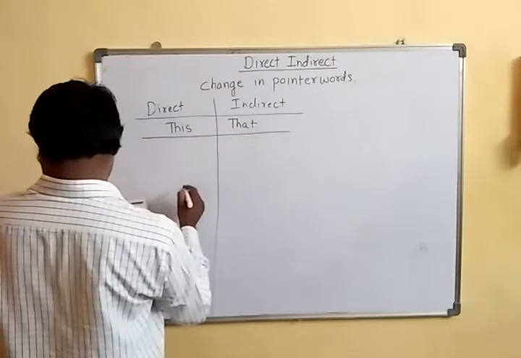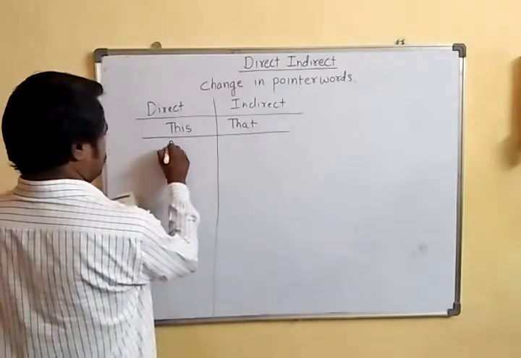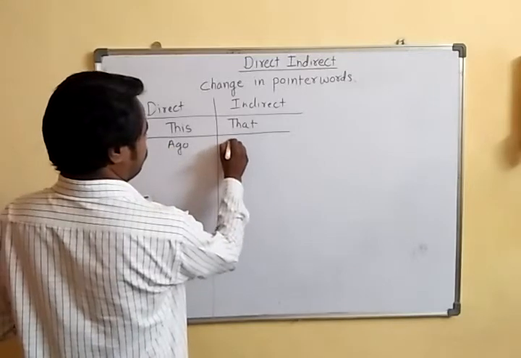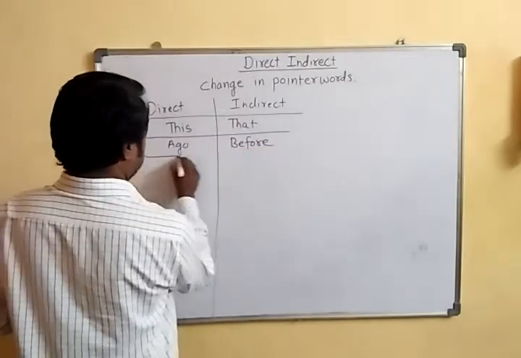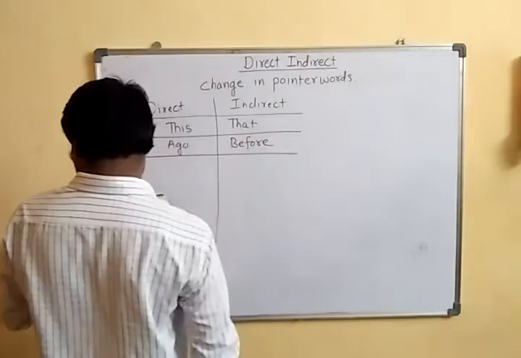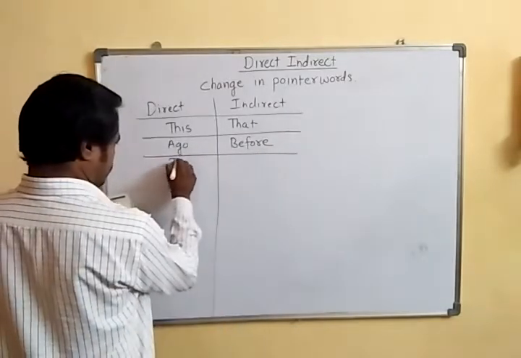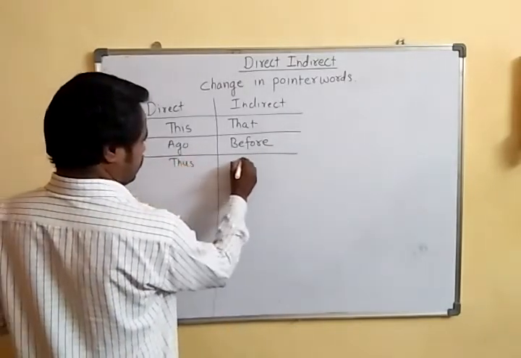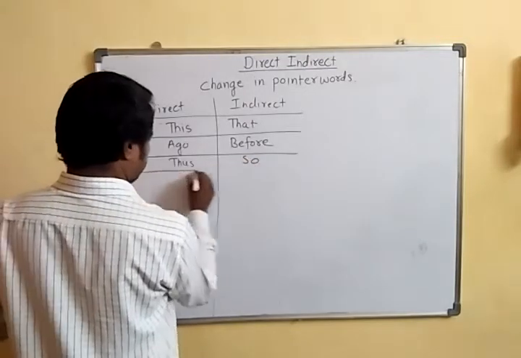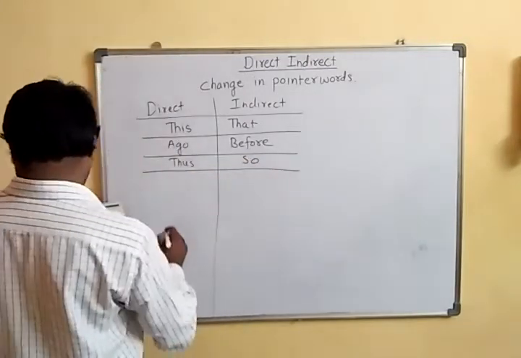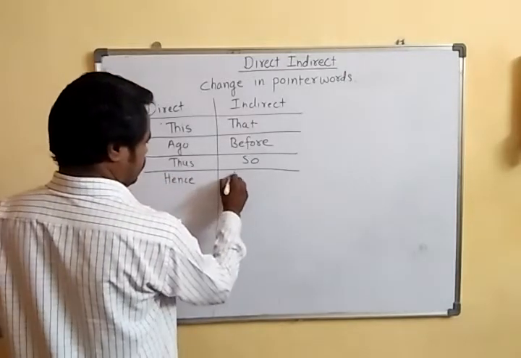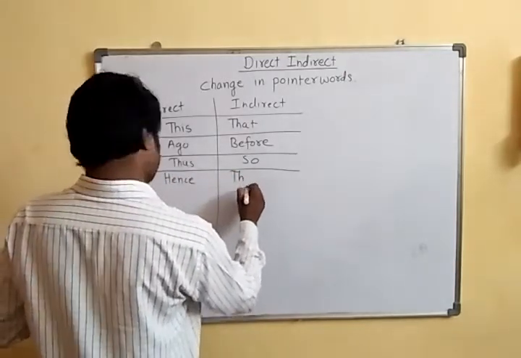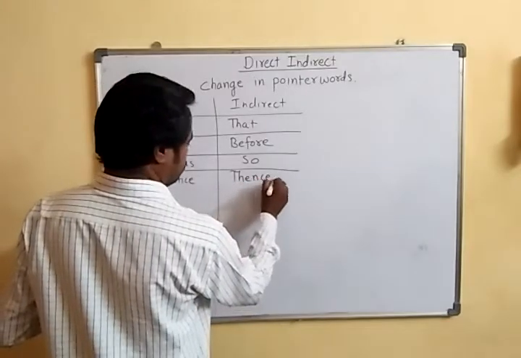The first one, if it is ago, here it will become before in indirect. If it is thus, here it will become so. If it is hence, here it will become thence.